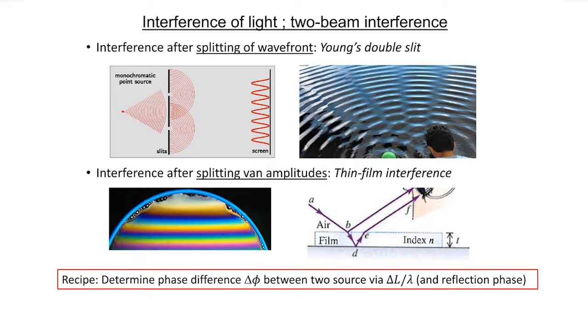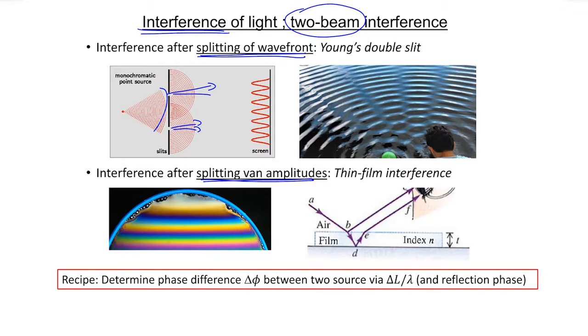This slide summarizes the interference that you can observe if you interfere two sources of light. I started by pointing out that this interference can happen in two different ways. You can split the wavefront, the incident wavefront, as you do in Young's double slit experiment, or you can split the amplitudes of light.